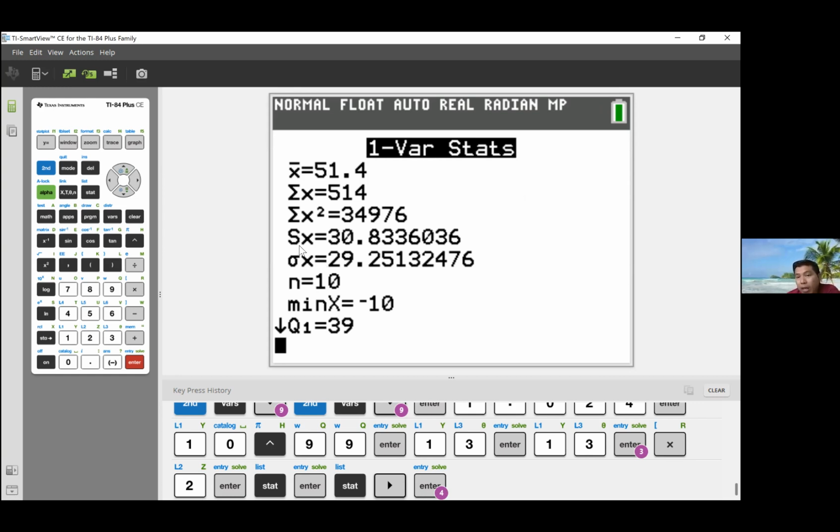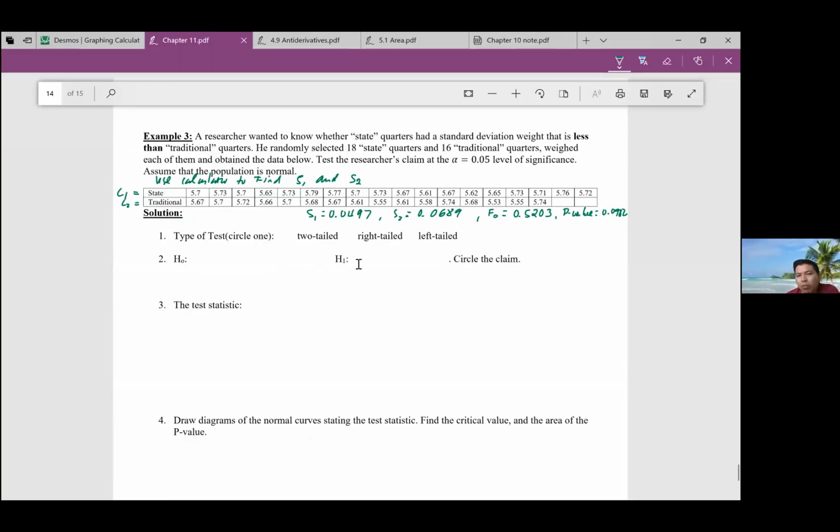We have to use S, because S stands for the sample standard deviation. So when you do that calculation, you don't use sigma x. You have to use sx, because we have 18 quarters as a sample and 16 quarters also as a sample. You cannot use the other numbers.